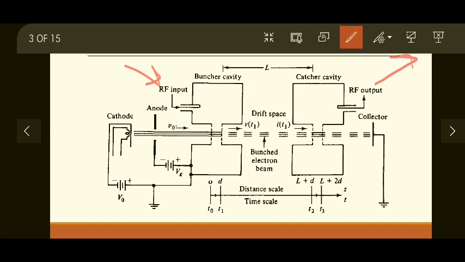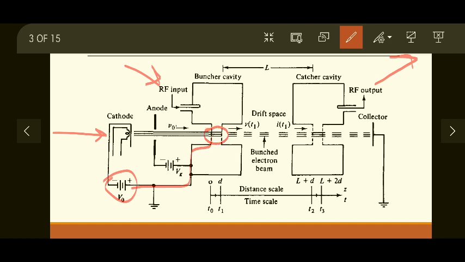Now the cathode, as shown over here, is responsible for emitting the electron beam with a uniform density. And the DC applied voltage, this is V0, is applied to this part of the cavity, to the grid.